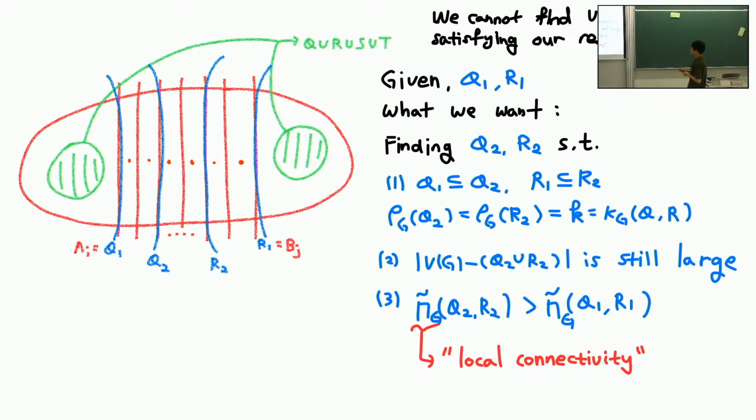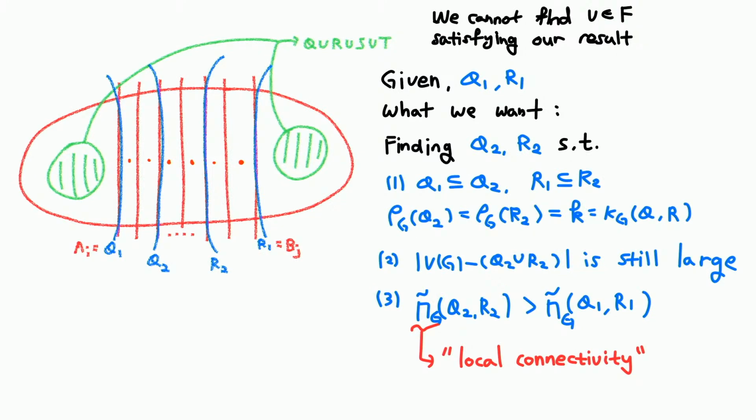Then suppose that we cannot find a vertex of F satisfying our result, that is, keeping the connectivity between S and T and between Q and R when v is removed. If we can find that vertex, then it is done, so we can assume that we cannot find this kind of vertex.